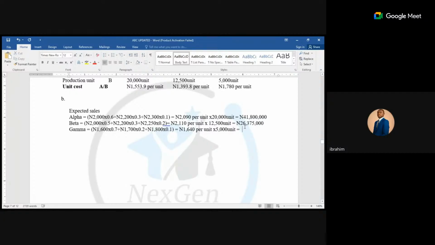Per unit goes with unit. You can see 1,640 per unit times 5,000 units sales. So what do we have here? 8,200,000 naira. Thank you.